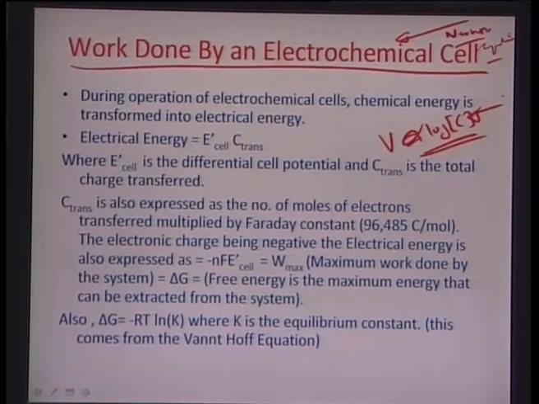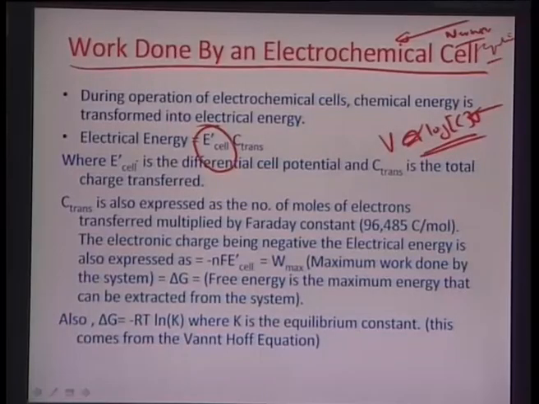So, let us first talk about what is the electrical energy that is spent when a bunch of electrons or a bunch of charges is moved from one side of the cell to the other side. So, there is an EMF of the particular cell, let us say E'cell here is the EMF of that particular cell, against which there is a total amount of charge transfer of C_trans magnitude.